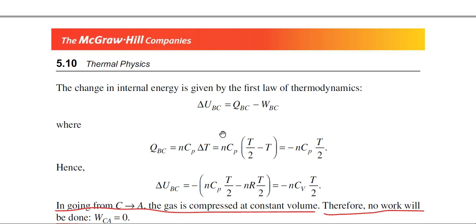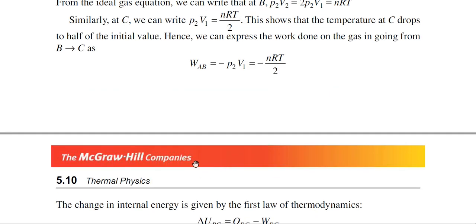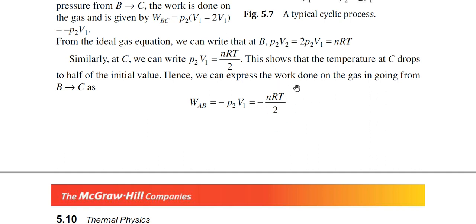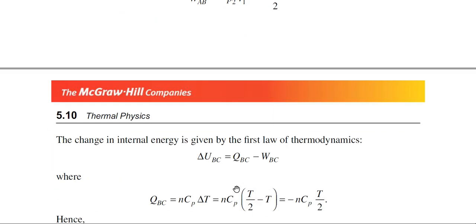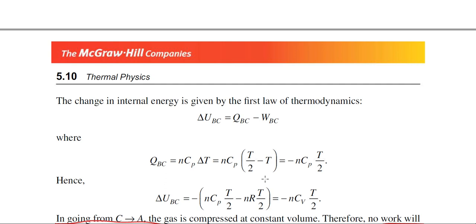So why is it so? Because delta U is equal to Q_BC minus W_BC, so we have written the value of Q_BC. Next is W_BC. We have already estimated W_BC, that is minus nRT by 2, which we have written here.